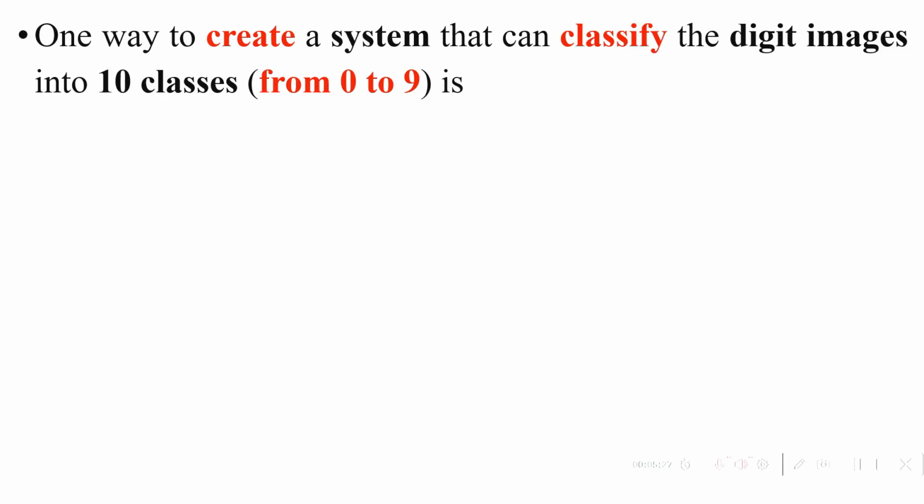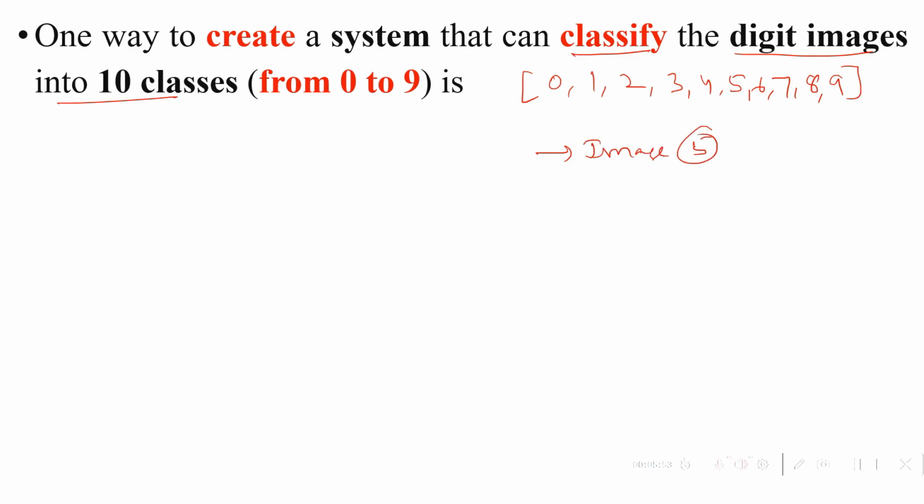Now, one way to create a system that can classify digits into 10 classes, the digits 0 to 9, which are the different class labels: whenever you give a new image, say a 5, it must belong to the class label 5.